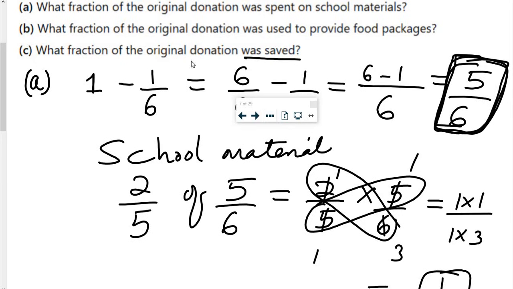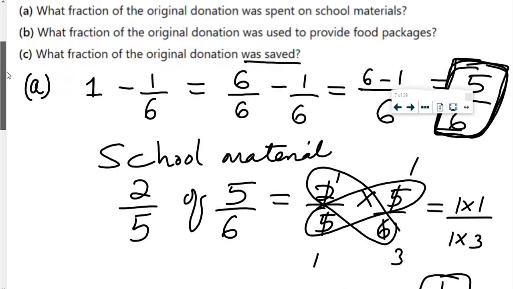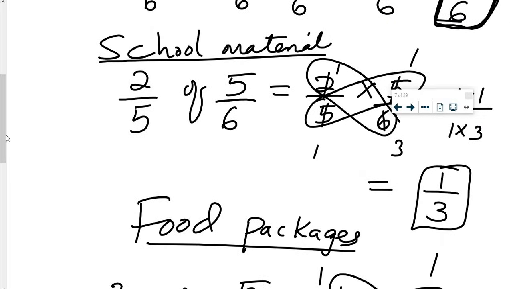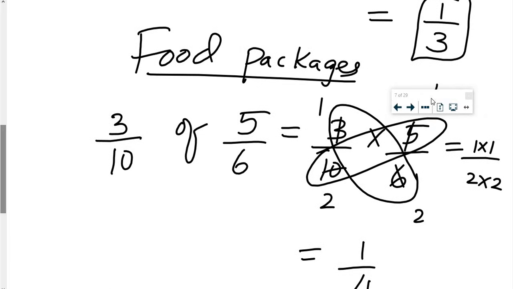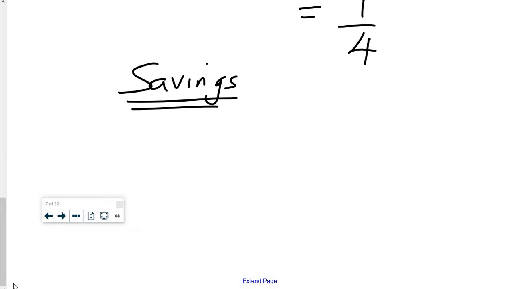To find the fraction of the original donation that was saved, first take the fraction of school material, which we got, 1/3, plus the fraction which we got for food packages. So let us add those two fractions.